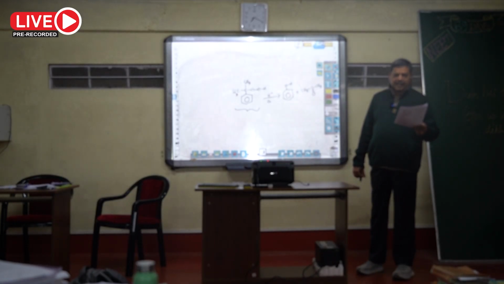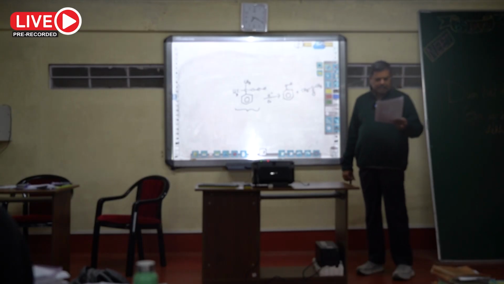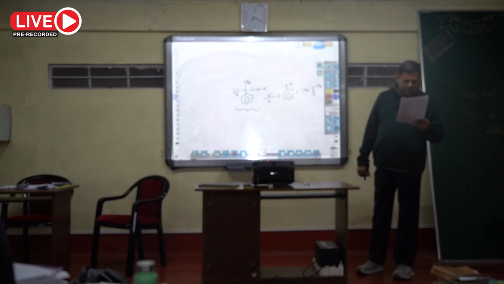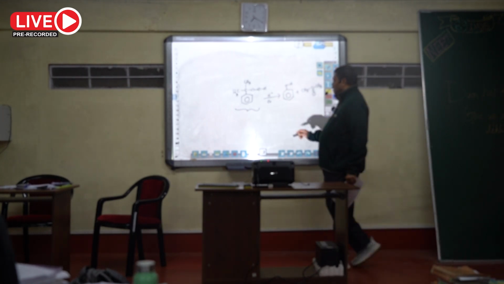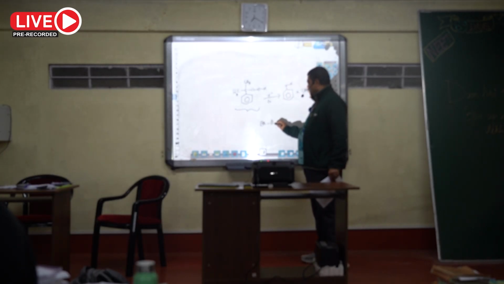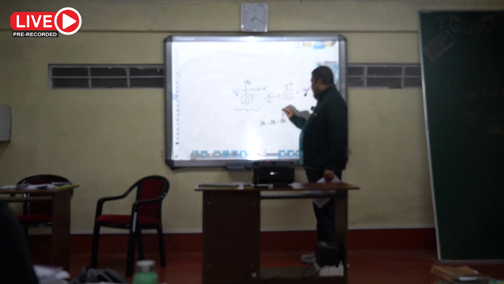Now we are going for the next question. The correct structure of tribromo octaoxide. So 3 bromines, all bromines are connected with double bonded oxygens.